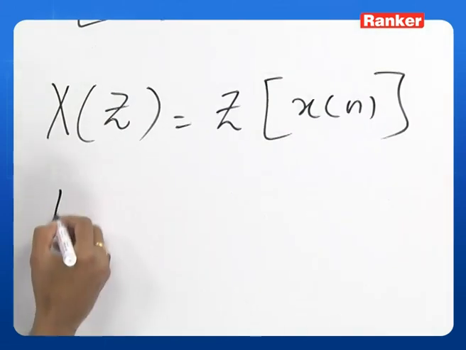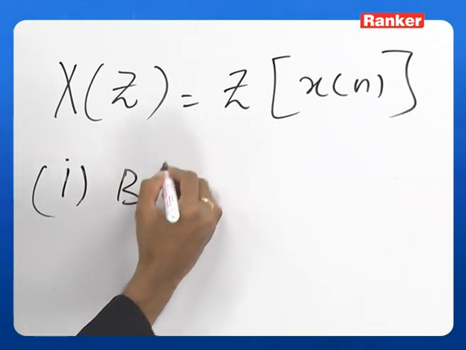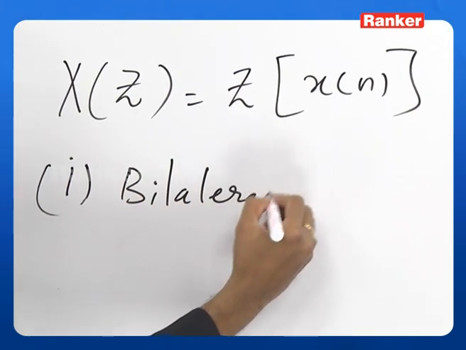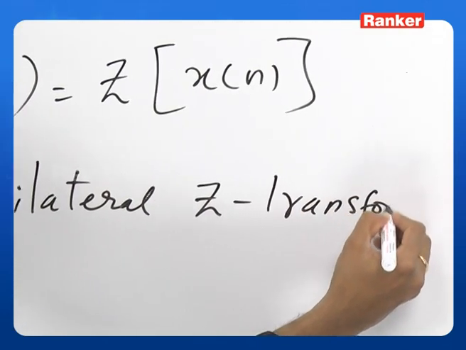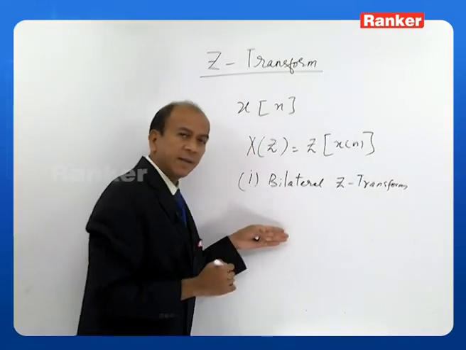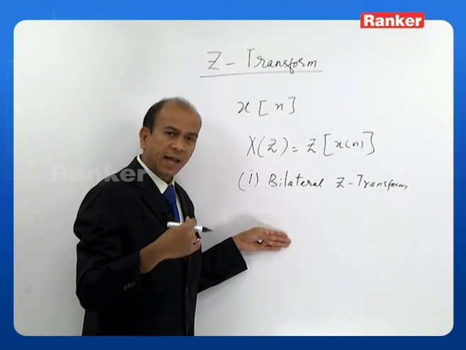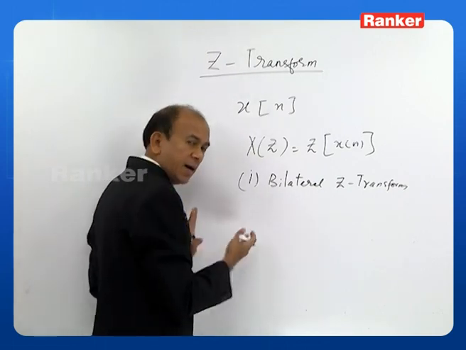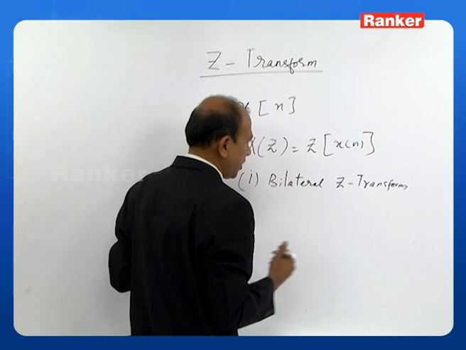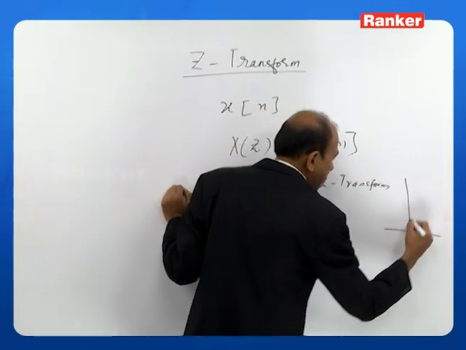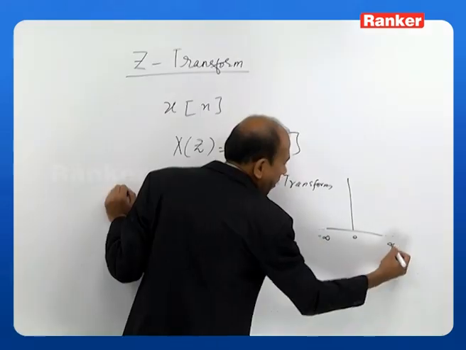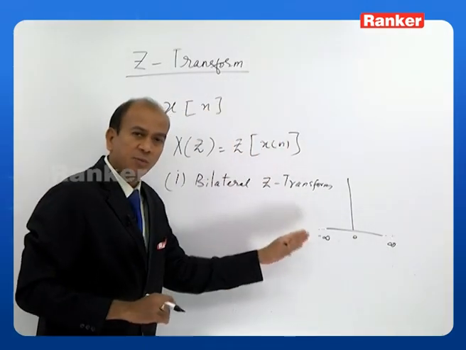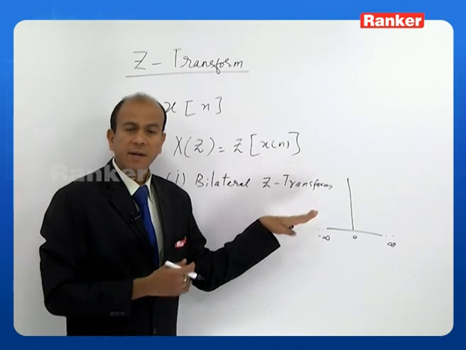One is the bilateral Z transform. Bilateral Z transform means it is a summation from minus infinity to 0 and 0 to infinity. If I have an axis like this, this is 0, and somewhere here you have minus infinity and somewhere plus infinity. If it extends on both sides, this is called a bilateral Z transform.